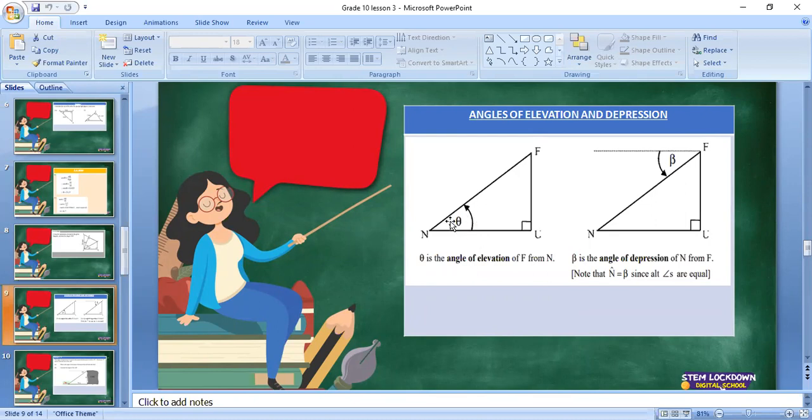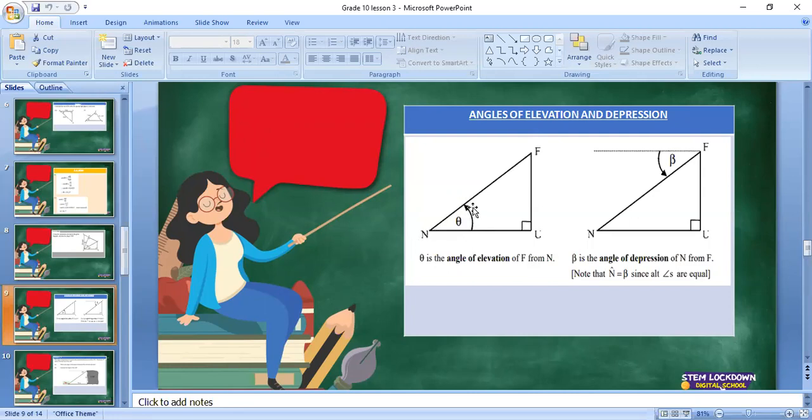Okay, so we say this theta is our angle of elevation. So theta is the angle of elevation of F from N.